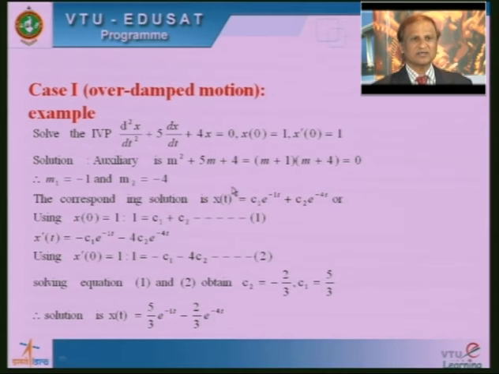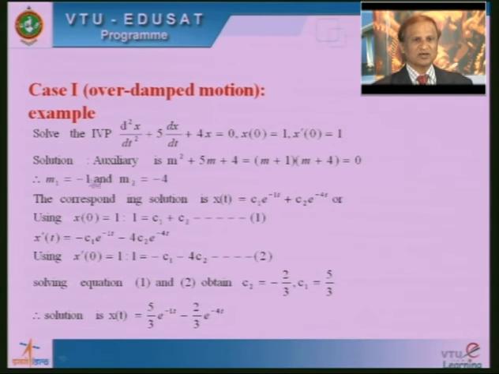It is just like a into b is equal to 0: either a is equal to 0 or b is equal to 0. Suppose I write m plus 1 is equal to 0, therefore m is equal to minus 1, and another possibility is m plus 4 is equal to 0, therefore m is equal to minus 4. Like that you can obtain these two roots.